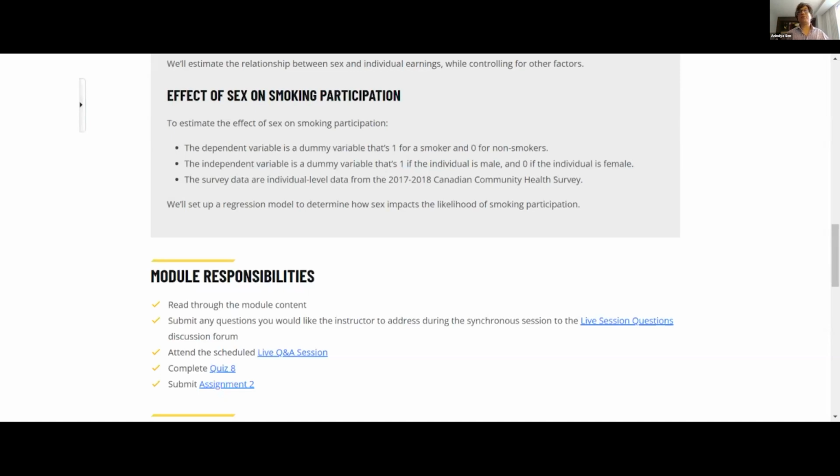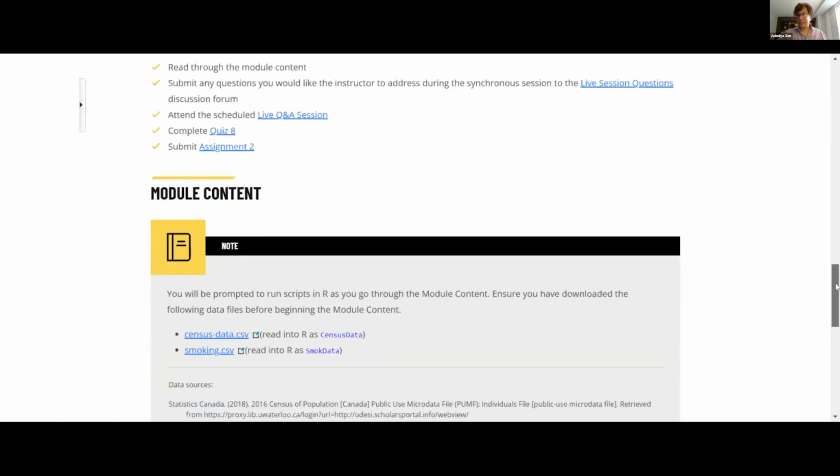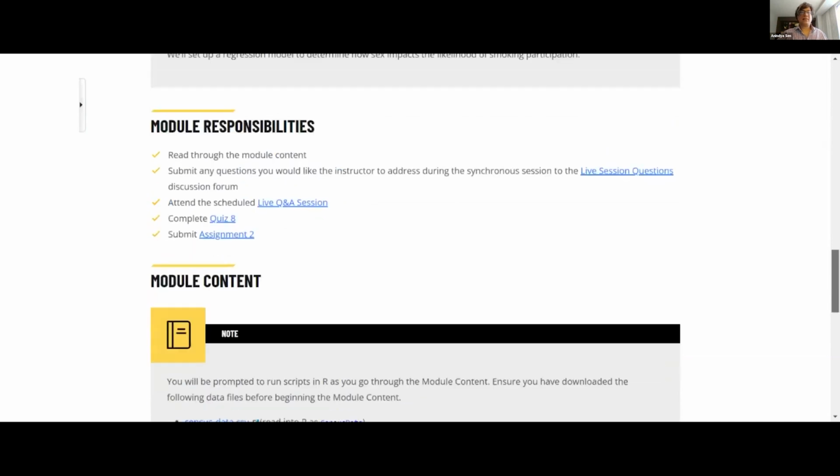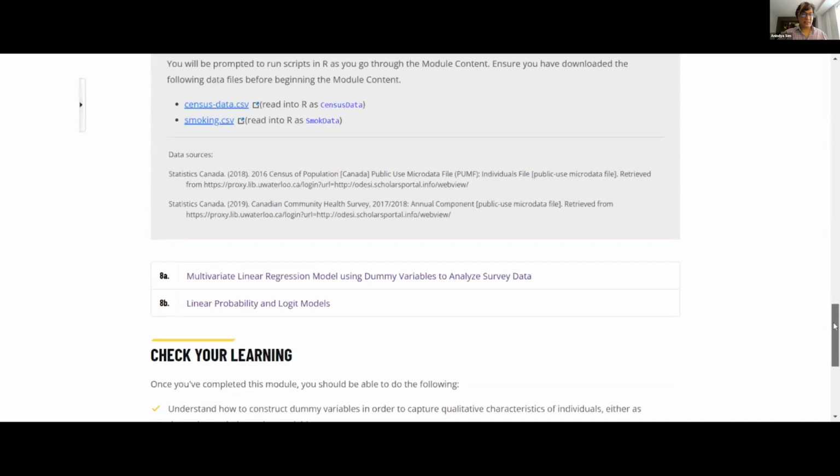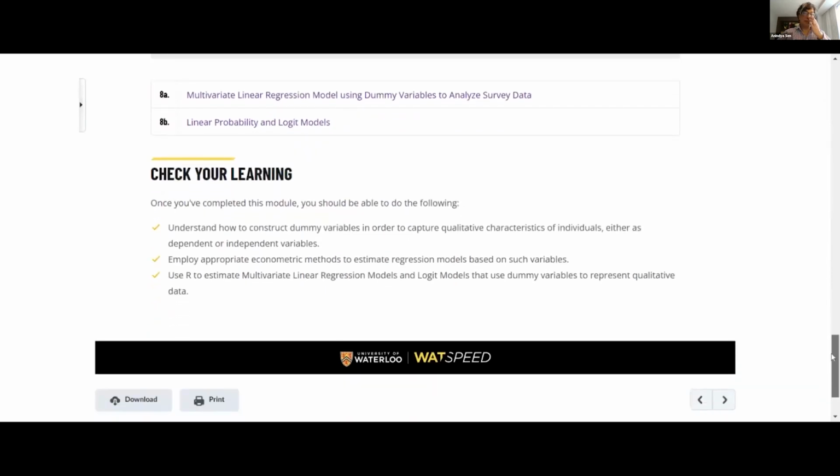1, 0 if you smoke or not, and 1, 0 if you're looking, say, at the effects of gender on smoking, okay? So then it's not necessary that ordinary least squares is the best methodology. You can use it, but it's not necessary.